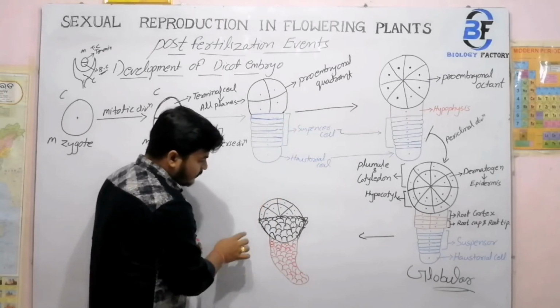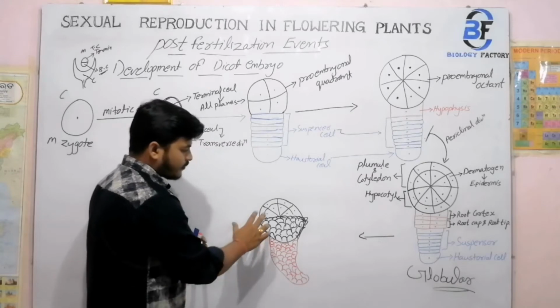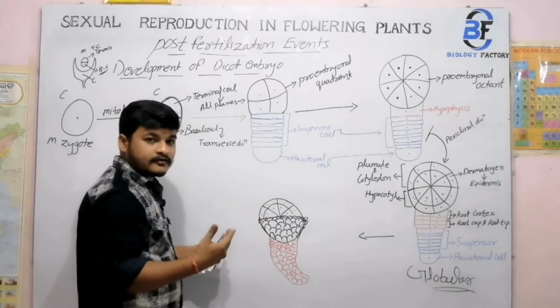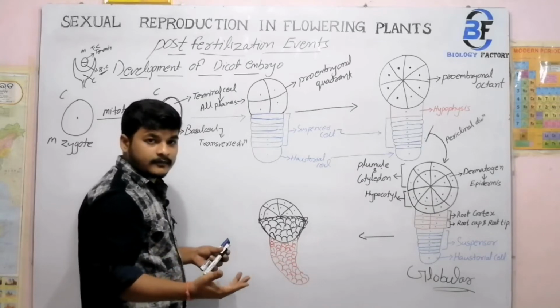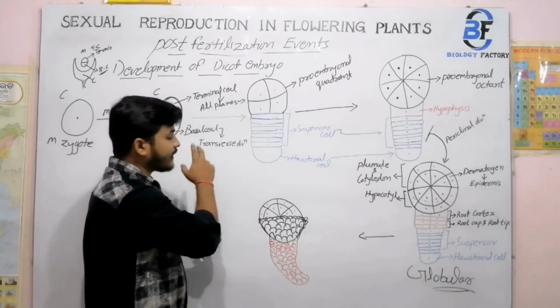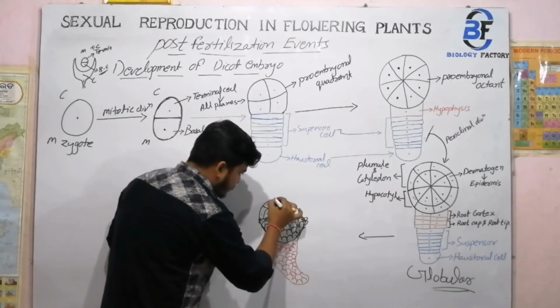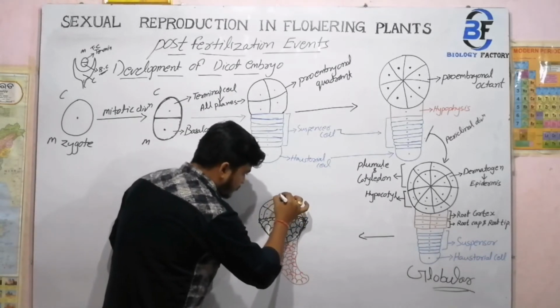Next, the other half structure of your proembryo, that means the upper half surface of your proembryo, again started to form your cotyledon. That means we are studying about dicotyledon. So 2 cotyledons are going to form and they start to divide. So what happens here?